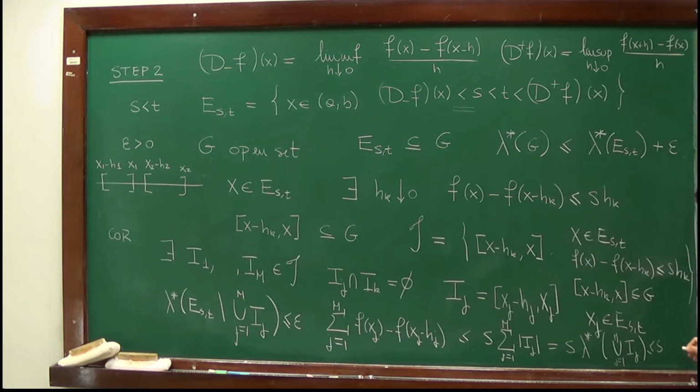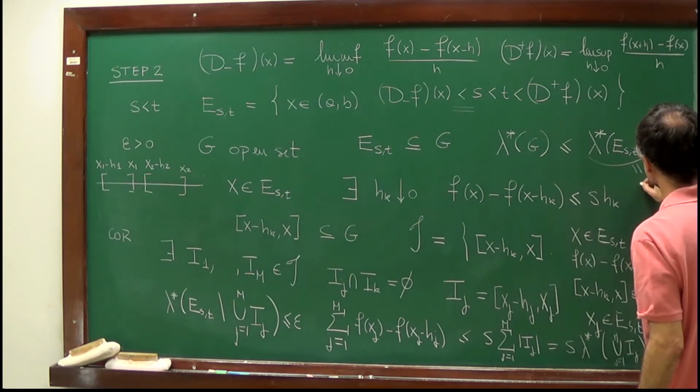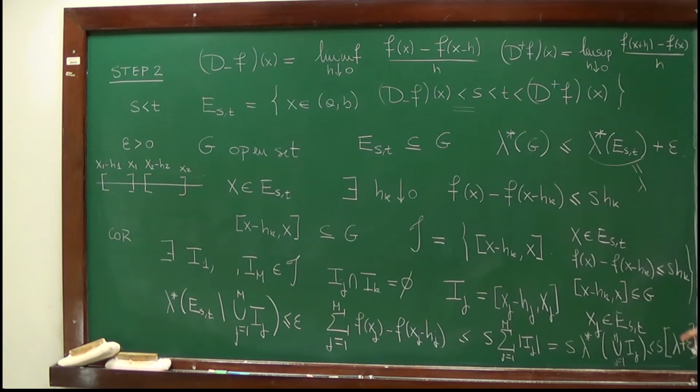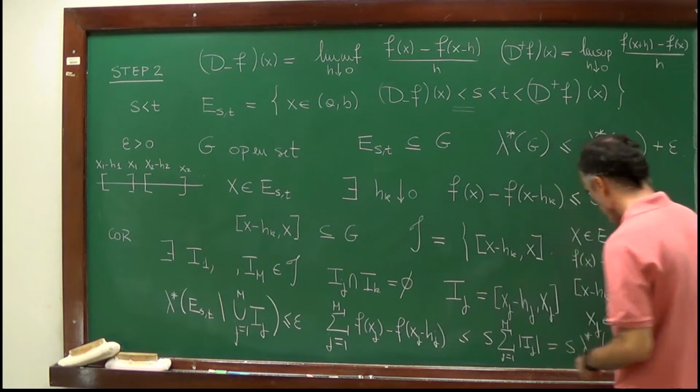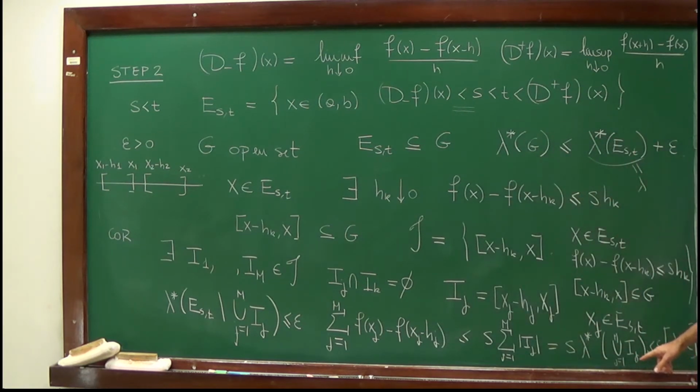So I can write here lambda plus epsilon, where I'm calling lambda this quantity here, just because I have no space to write lambda star of E_s^t. So this is what we will need in the second step of the proof: the fact that this sum is bounded by s times lambda plus epsilon, where lambda is this quantity here.